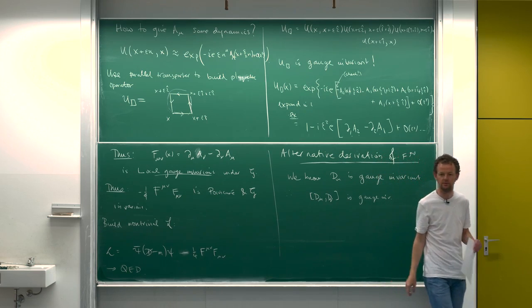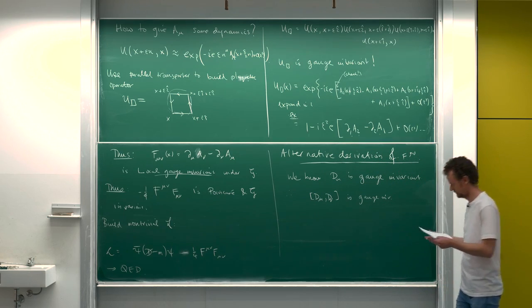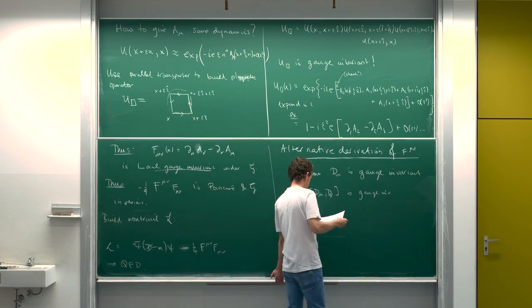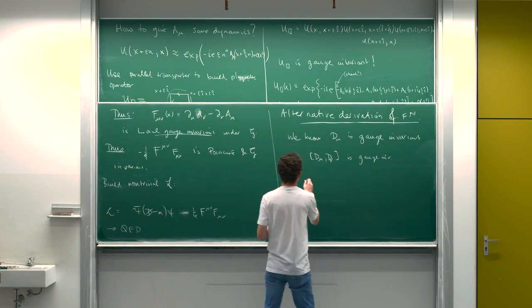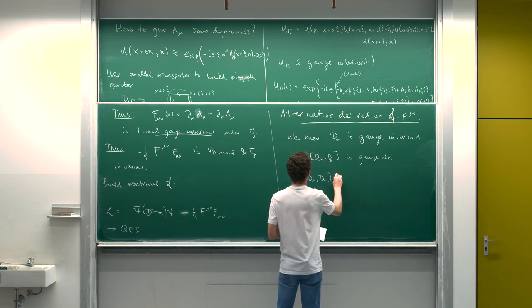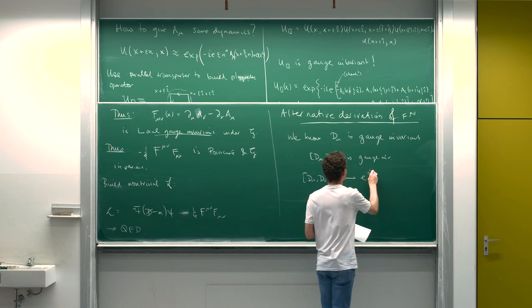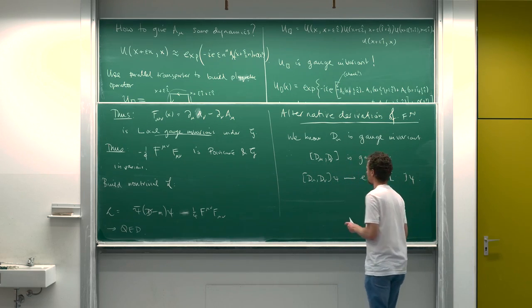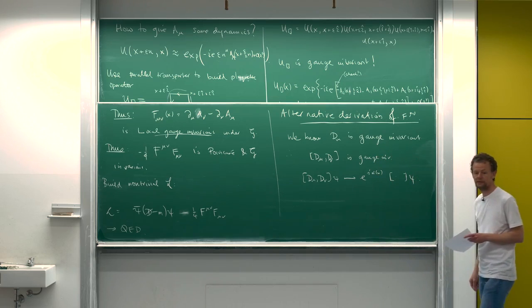Therefore, the commutator of these two derivatives is gauge invariant. That's how it transforms, right?